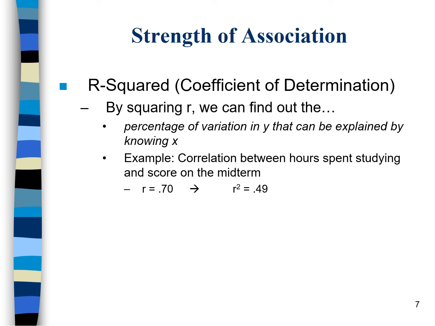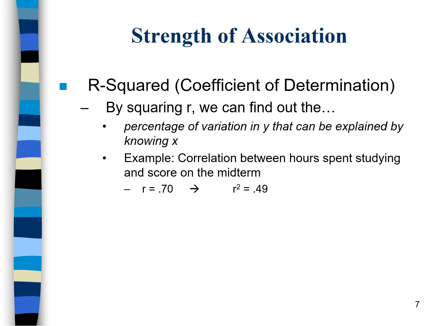It's definitely not close to 0. So I'm seeing an indication of a positive association between hours spent studying and score on the exam. So what can I do with that R, that 0.70, to give my readers just a little bit more information and a little bit more statistical knowledge about the association?